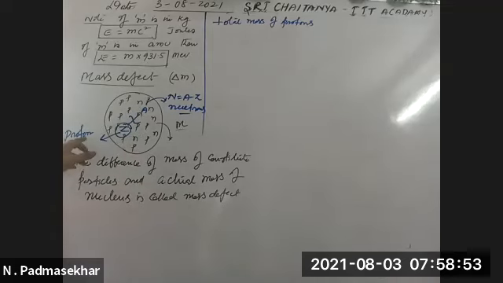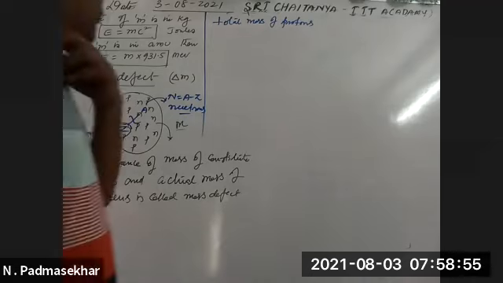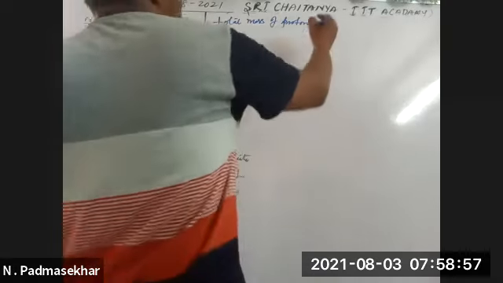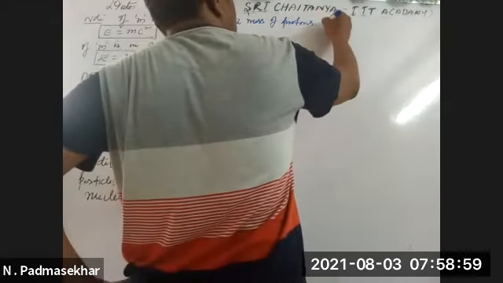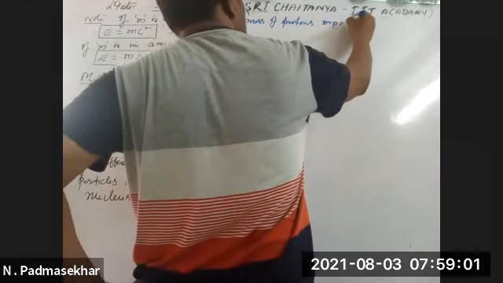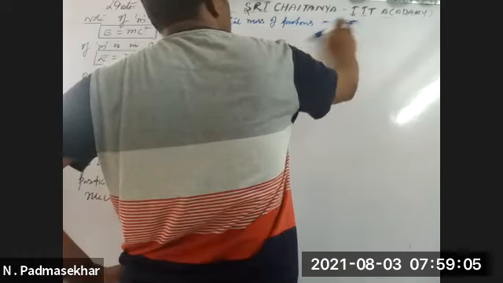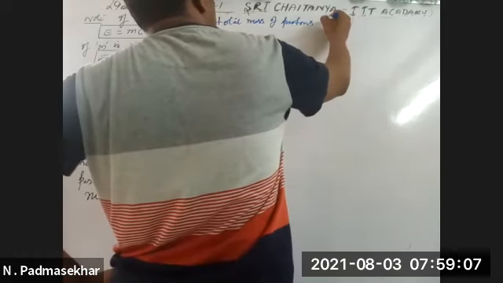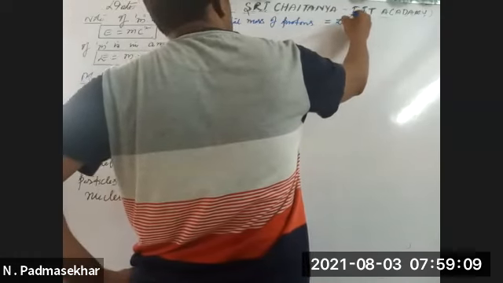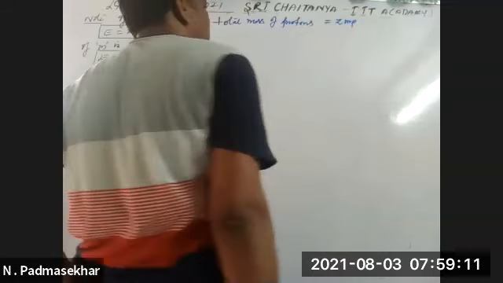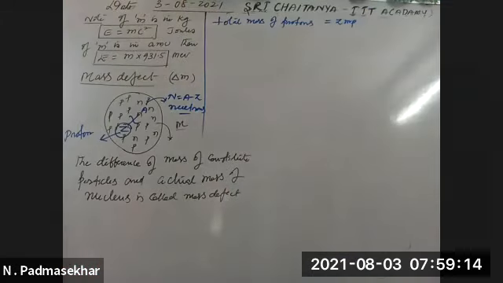So for the symbol of the nucleus, there are Z protons and n neutrons. So the total mass of the protons is equal to Z Mp. Mp is the mass of each proton.